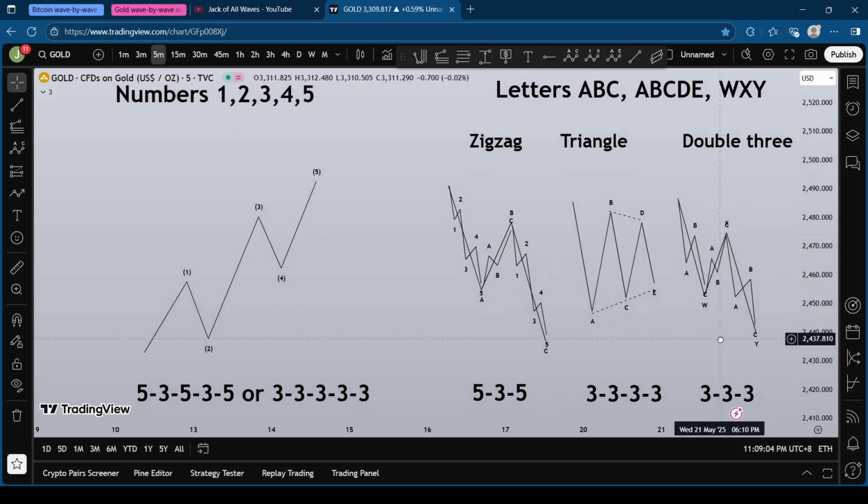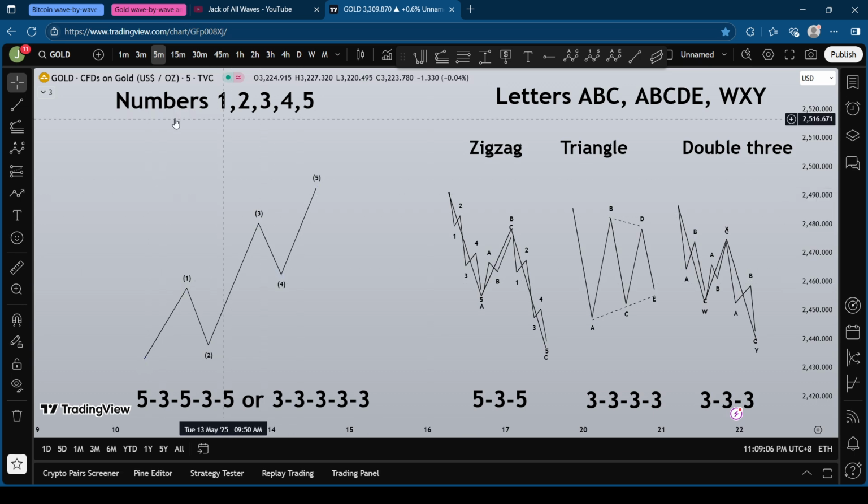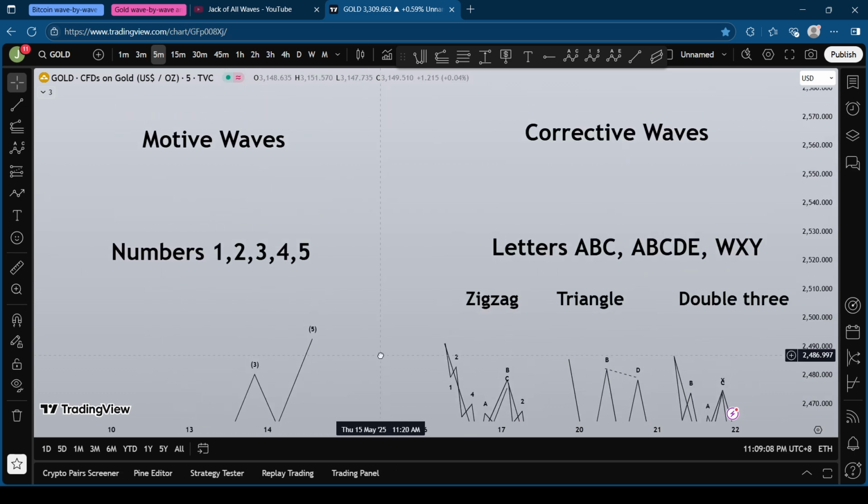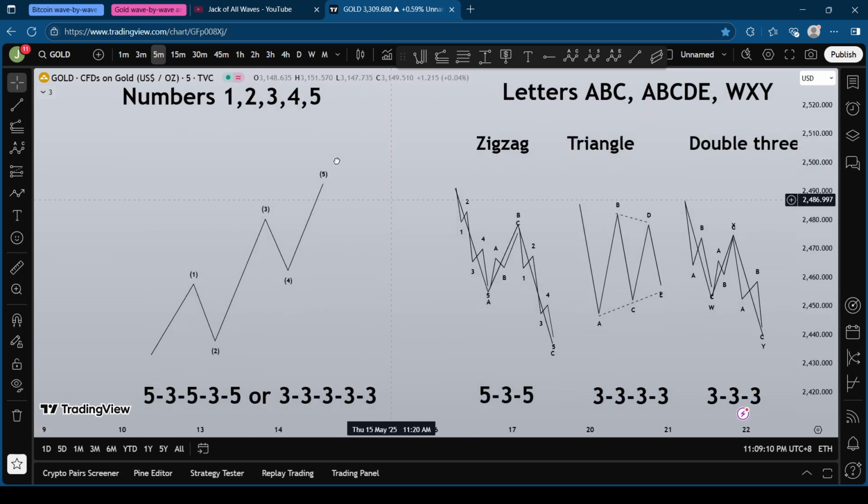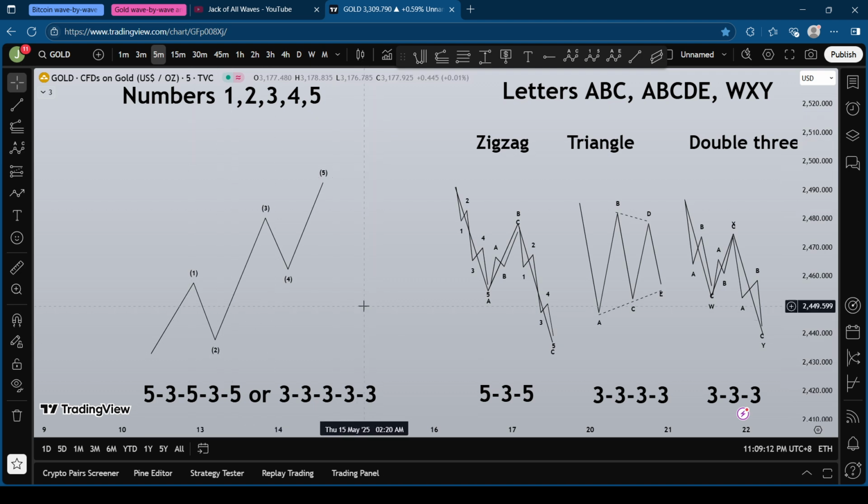So to sum up, for the motive waves, it is labeled as 1, 2, 3, 4, 5. The internal waves can be 5, 3, 5, 3, 5, or it can also be labeled as 3, 3, 3, 3, 3.